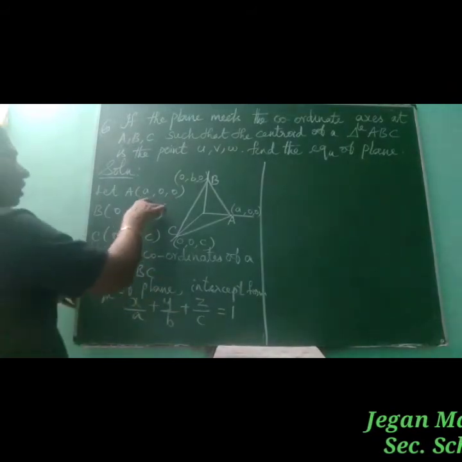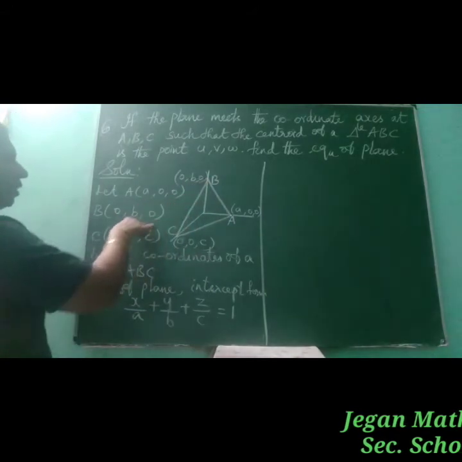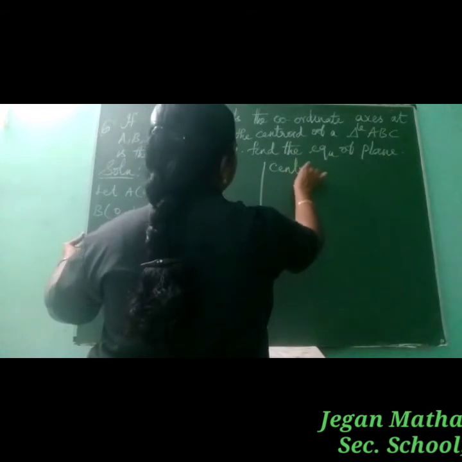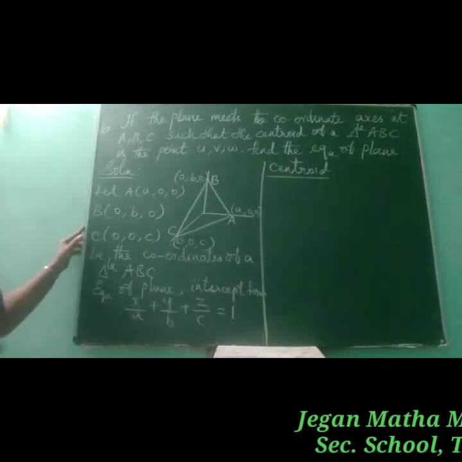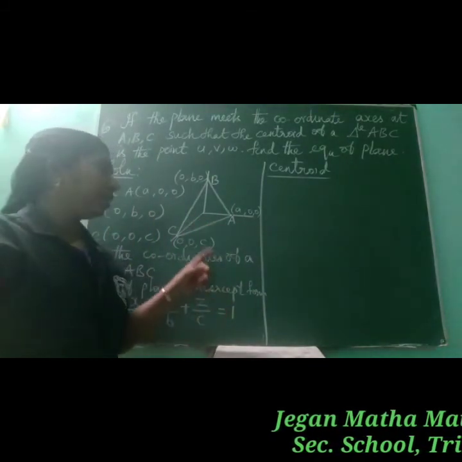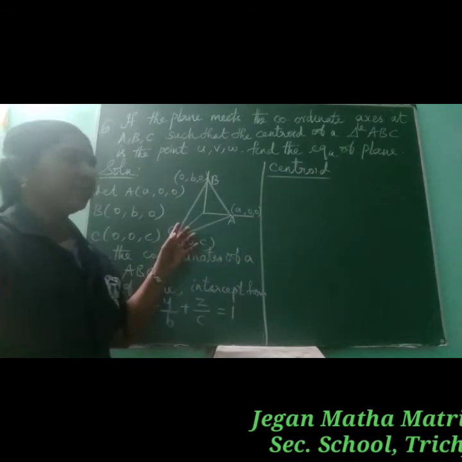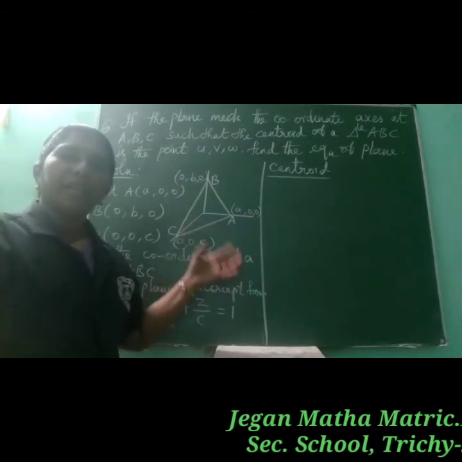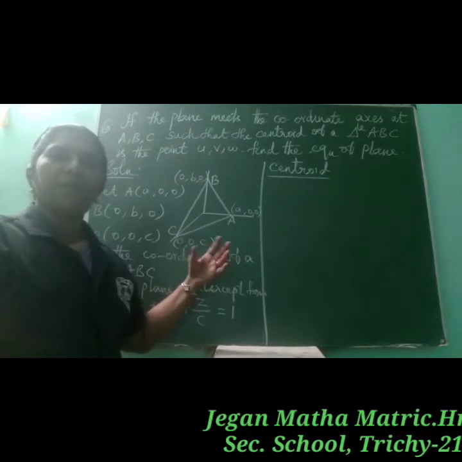If you consider these three vertices of a triangle, we know the formula for the centroid of a triangle. If (x1, y1, z1), (x2, y2, z2), (x3, y3, z3) are the three vertices, then the centroid is (x1 plus x2 plus x3) by 3, second point (y1 plus y2 plus y3) by 3, and similarly you can find the third one.